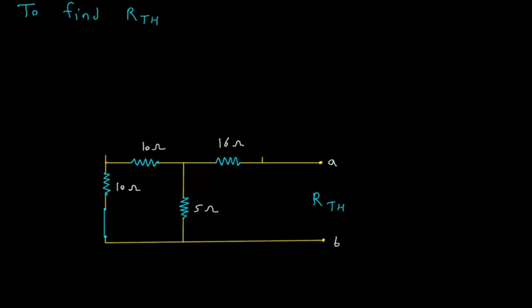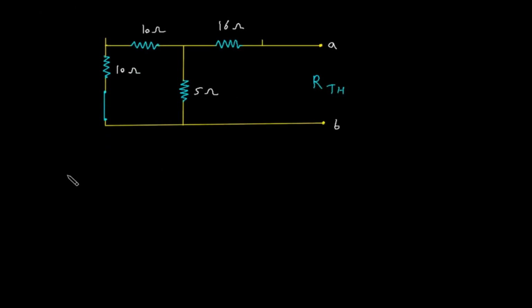Now as we can see that RTH is equal to 16 ohm plus 10 ohm plus 10 ohm will be 20 ohm. So 20 ohm parallel with 5 ohm.